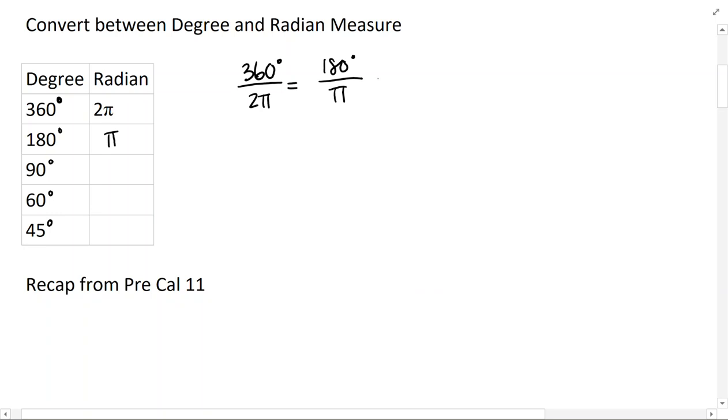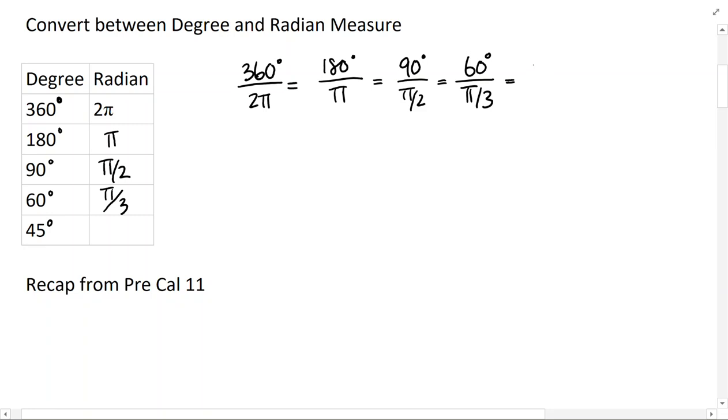Now 90, compared with 180, is just half of 180, so this must be half of pi. And if we take 2/3 of that, well, that would be pi over 3.